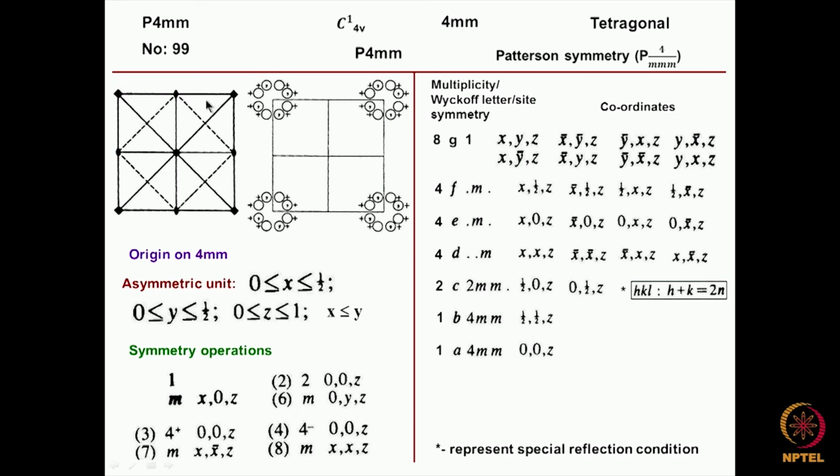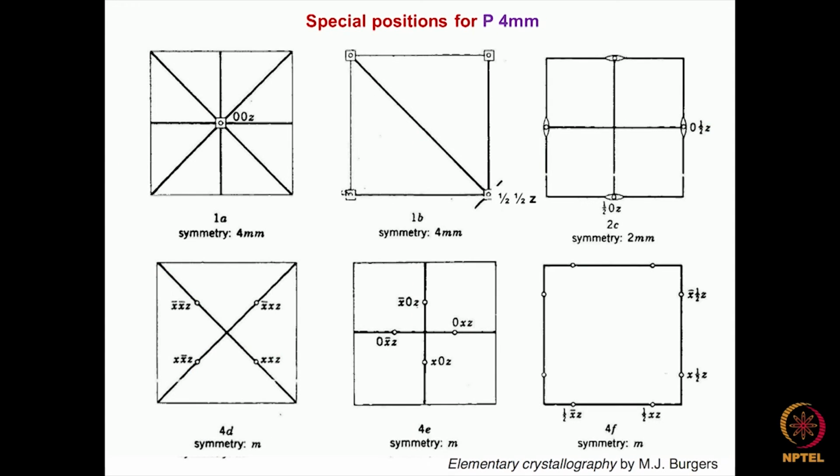And if I put a motif here, it is lying at a general point. So, for each of the positions, what will be the coordinates, that is the information which is given in this particular table. Okay. Using this table, essentially here again, as I mentioned for the 2-dimensional lattice, these are the various positions at which the motifs will be kept, associated with different symmetry elements.